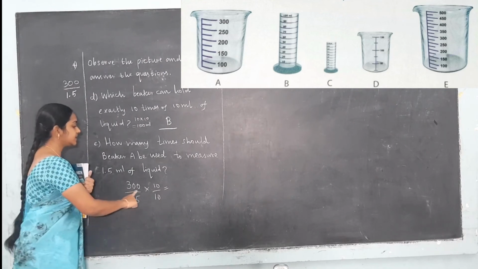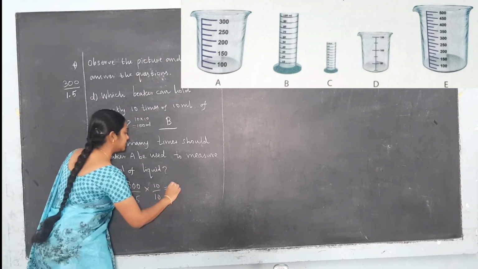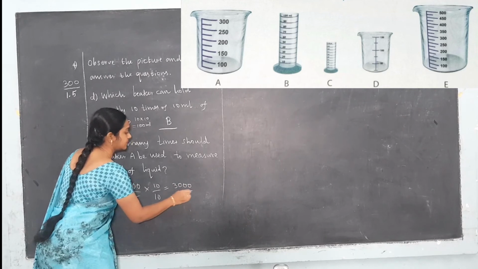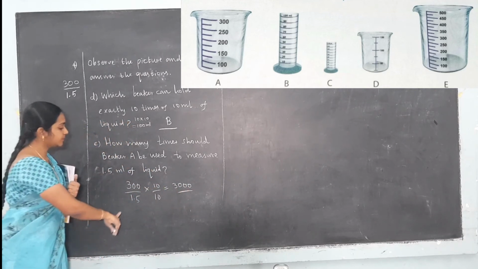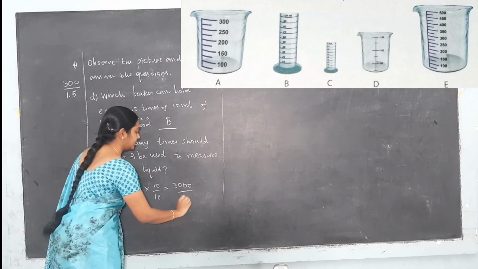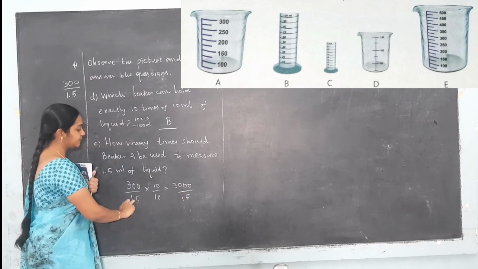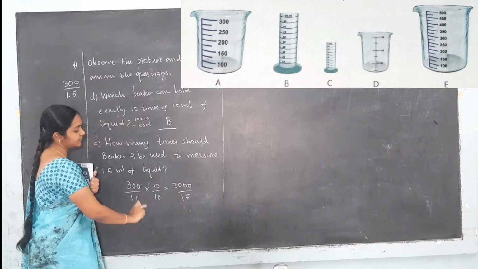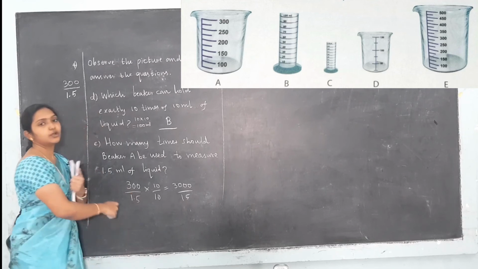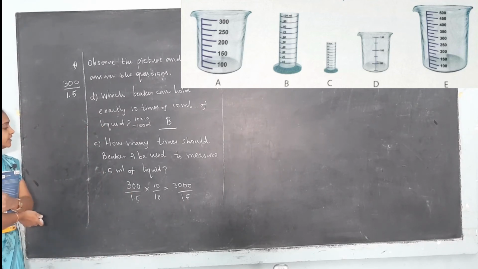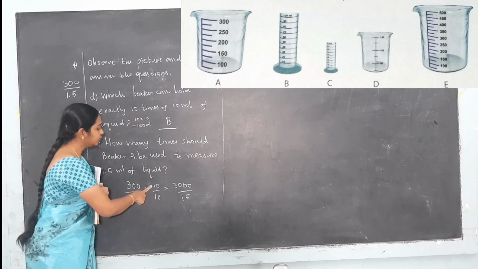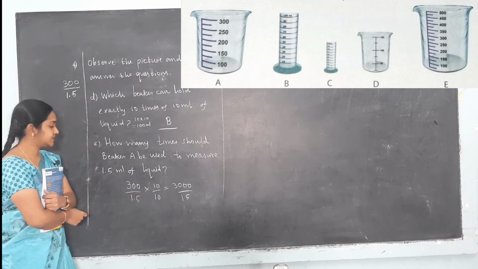So 300 into 10 is 3000 and 1.5 into 10 is 15. The decimal point will move 1 point to the right. To remove the decimal point, we are multiplying numerator and denominator by 10.